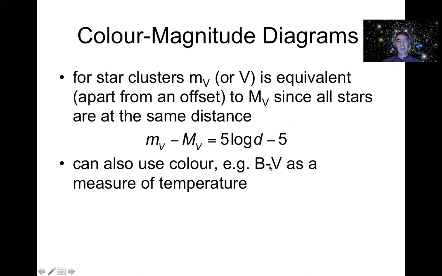Because we've already learnt in previous lectures that that's a very good measure of the effective temperature of a star as well. So all we're doing here effectively is plotting V for the apparent magnitude against B minus V for the color.